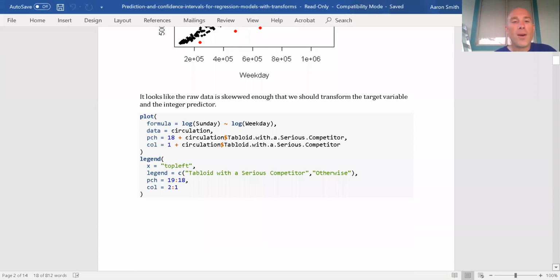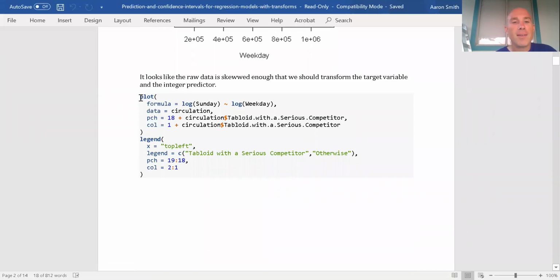All right, so let's go ahead and plot it. So now you'll notice that something I do is I go ahead and let R handle the transformation for me. I'll put log of Sunday and log of weekday in the formula. This means that I don't have to mess around with it. I'm happy with this. Now, this is a good way to go if I'm in a small data problem.